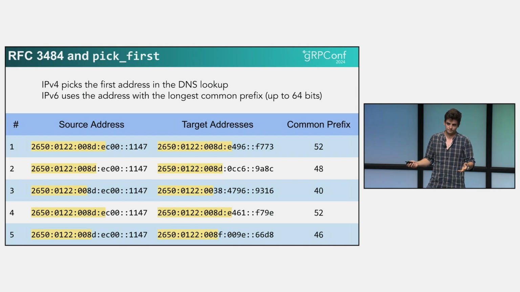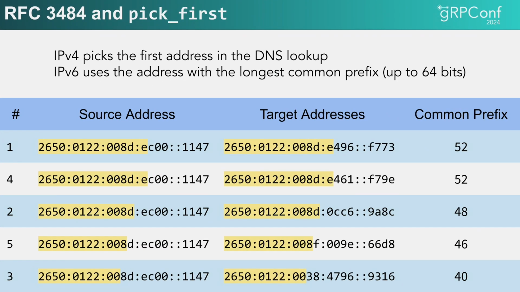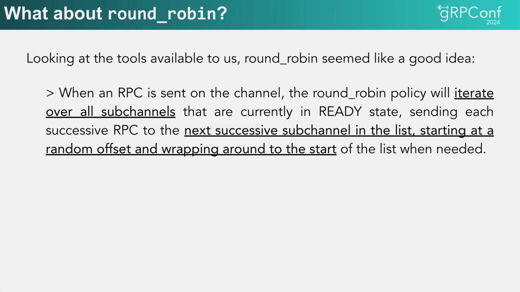Okay, so how do we address this? Well, this is ultimately the order in which it's going to try those hosts. So at this point, we're kind of scrambling. We've got some hosts pretty much saturating the network cards, and other hosts completely sitting idle. So we started looking at the gRPC docs, at what's available, because we still own the client, so we can still make some changes there.